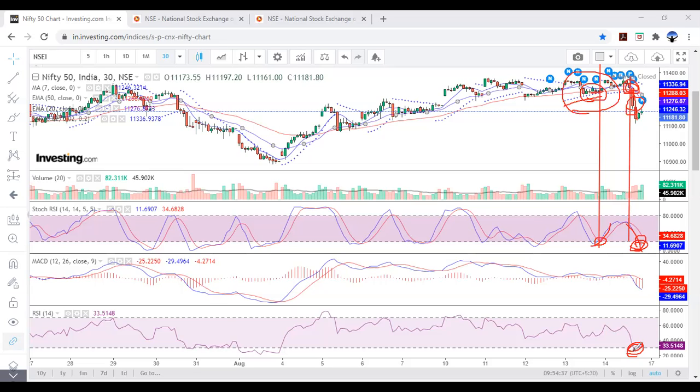This way you can take the positions and check your sell. Also, as per the parabolic SAR, it is near about 11,300 and price is lower than 11,200. Means risk reward is also not favorable.